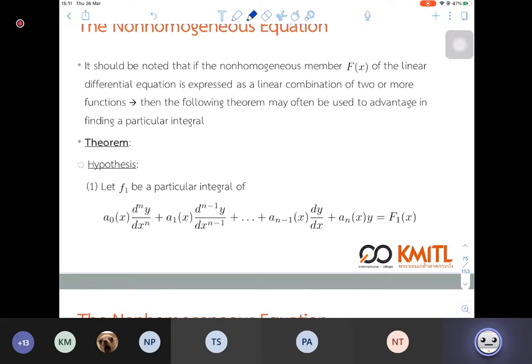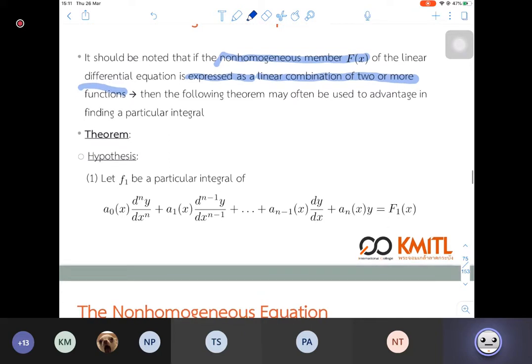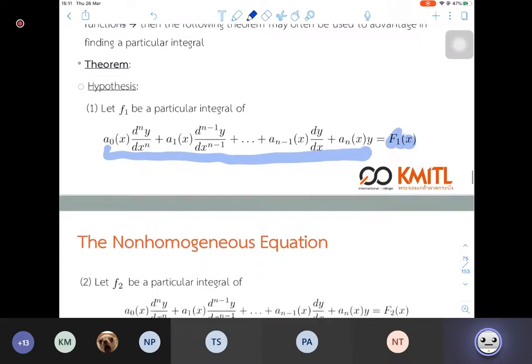Now, if the non-homogeneous member f of x, it means on the right-hand side, is expressed as a linear combination of two or more functions. For example, this is the same left-hand side with f1.